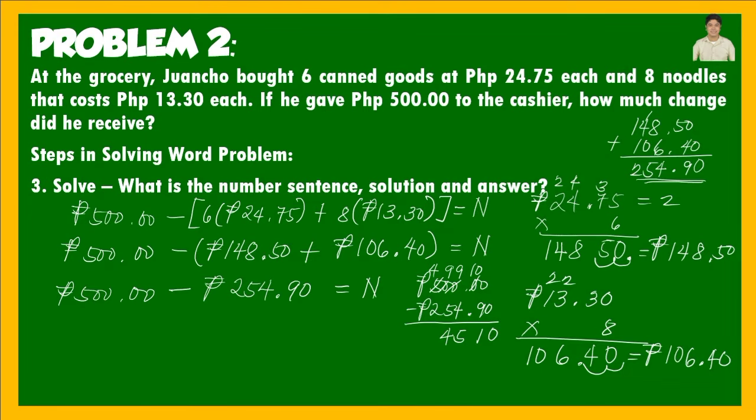And then, 4 minus 2, we have 2. And then, i-align lang natin yung decimal point. So, N is equal to 245 pesos and 10 centavos. So, ito po ang magiging sukli ni Juancho doon sa kanyang pinamili na 6 na canned goods tsaka 8 noodles.